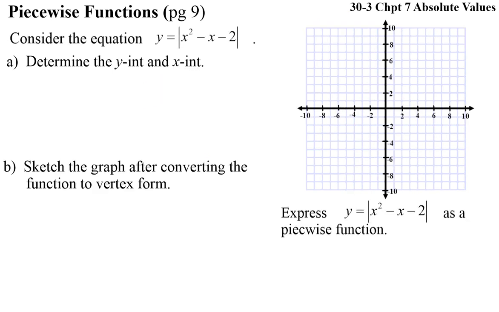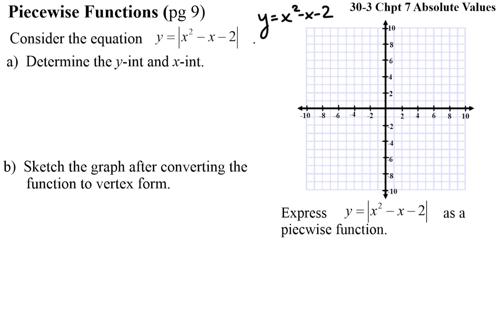Take a look at one more example, page 9. And now we're looking at x squared minus x minus 2, the absolute, which is a parabola. So with our parabola, I want to graph to start with y equal to x squared minus x minus 2.